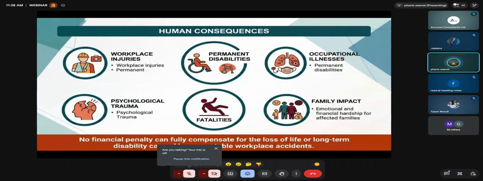There's something I wanted to highlight: there's no financial penalty that can fully compensate for a loss of life or a long-term disability caused by preventable workplace accidents. As I said, that is something that is going to stick with you. If, for example, you are HR and you're in a company where somebody lost their life, even if you leave that company, that is something that is always going to stick with you. So you don't want to alter the shape of a family over something that maybe you could have prevented.